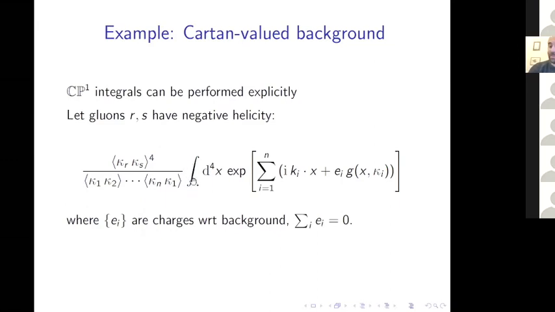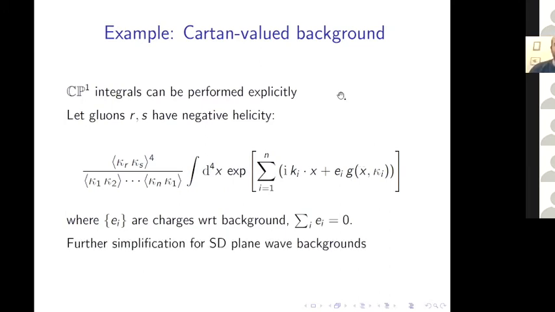Instead of a momentum-conserving delta function, you're left with a single position space integral, where these E_i are charges of the individual gluons with respect to the Cartan-valued background. There's some charge conservation that's implicit here as well. This Cartan-valued function G defines the holomorphic frame and is in turn defined by the free radiative data of the self-dual radiative background.